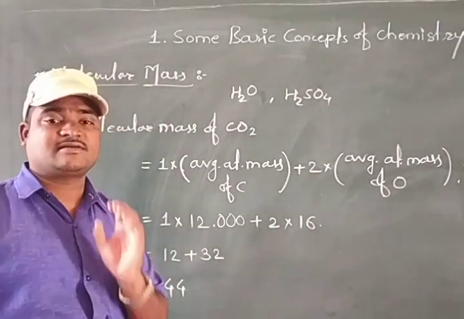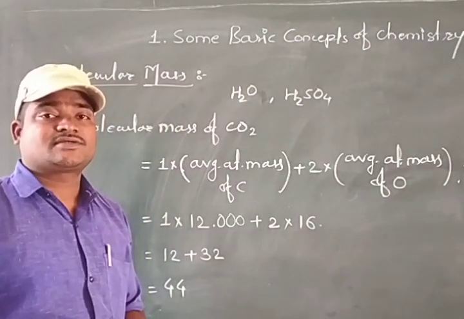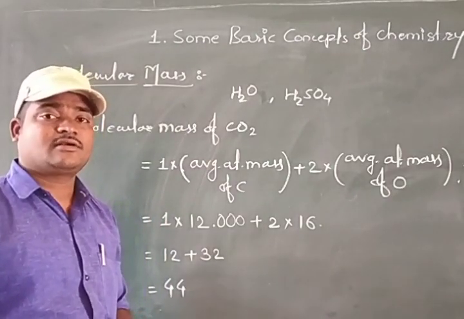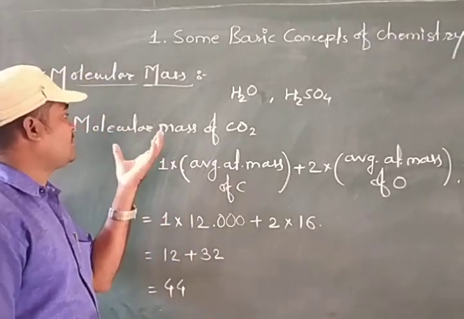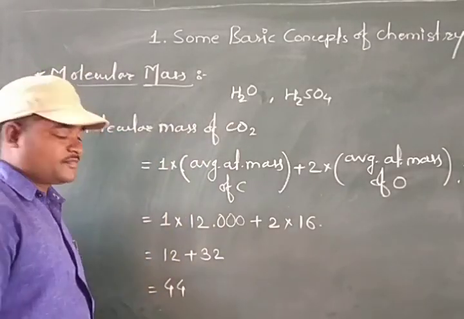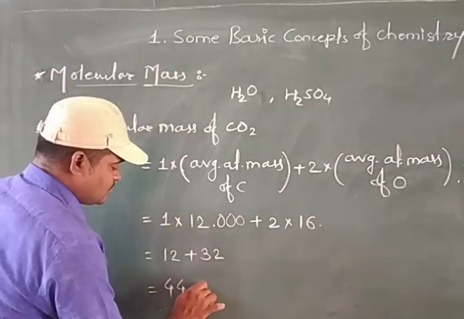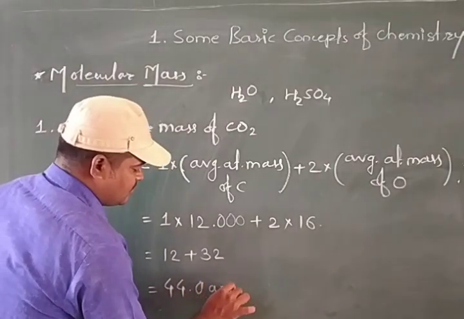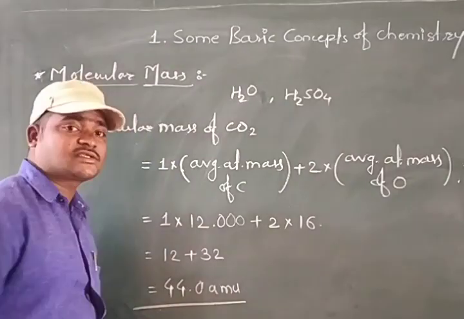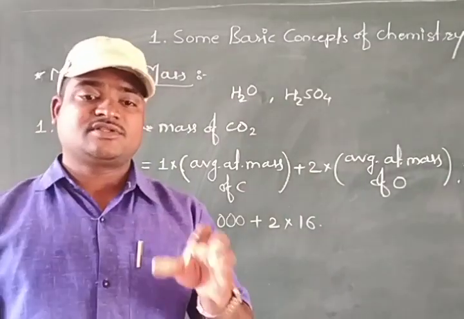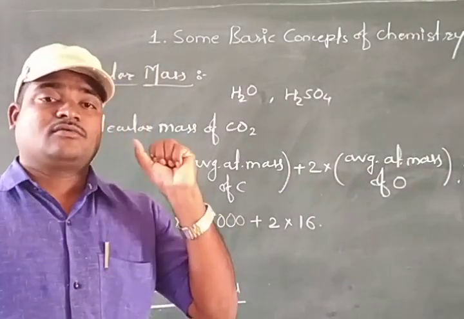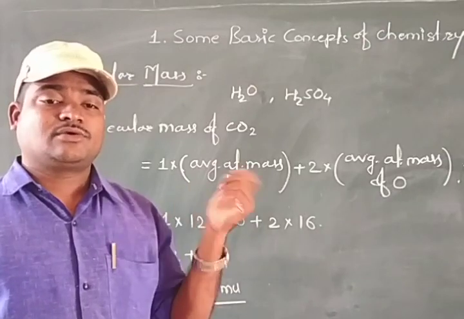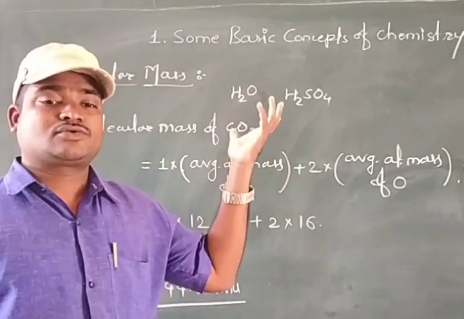So students, this is the method by which you can calculate the average molecular mass of CO2. The molecular mass of CO2 is 44.0 AMU, that is atomic mass unit. Students, you can also calculate for H2O.